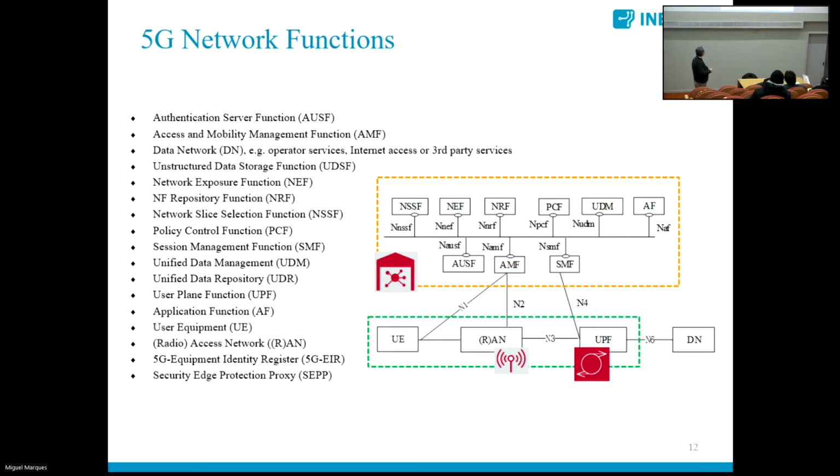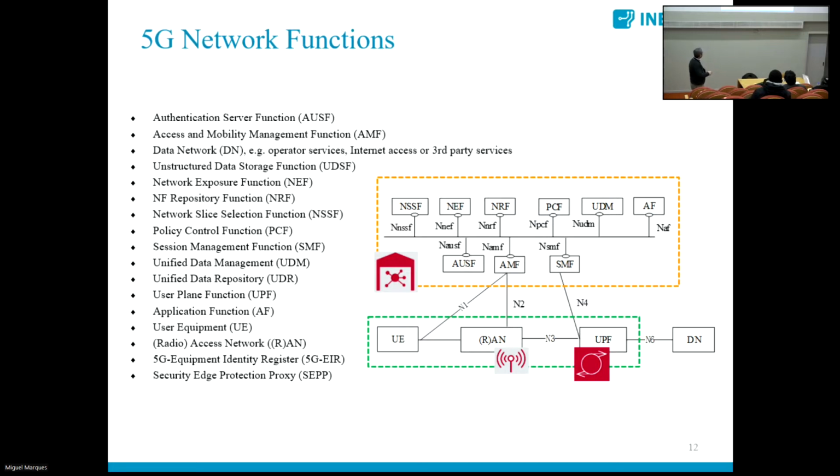We are not going, of course, through all these functions, but this is just to let you know that we have them. And we have here two different views of these functions. One of them is related to the control of the system, and the other are functions very much related to the transference of the data.